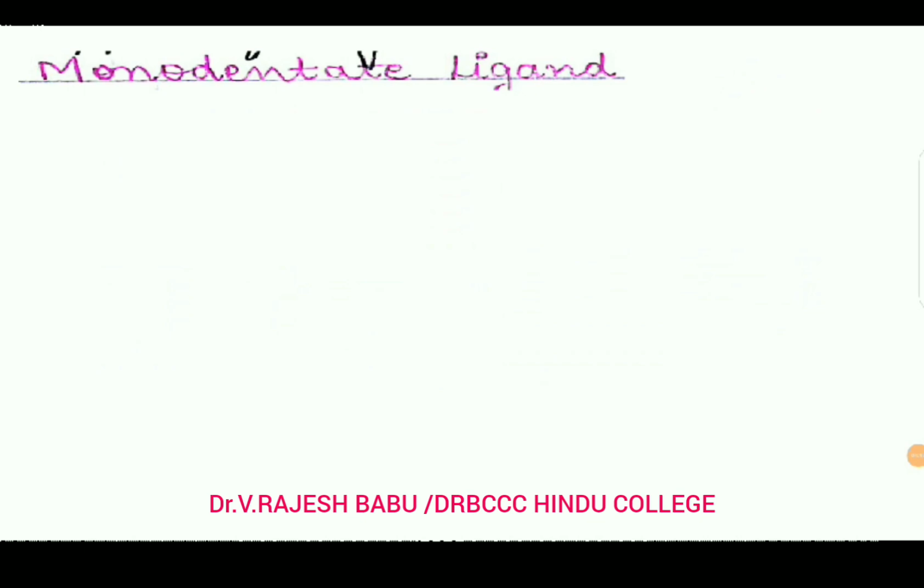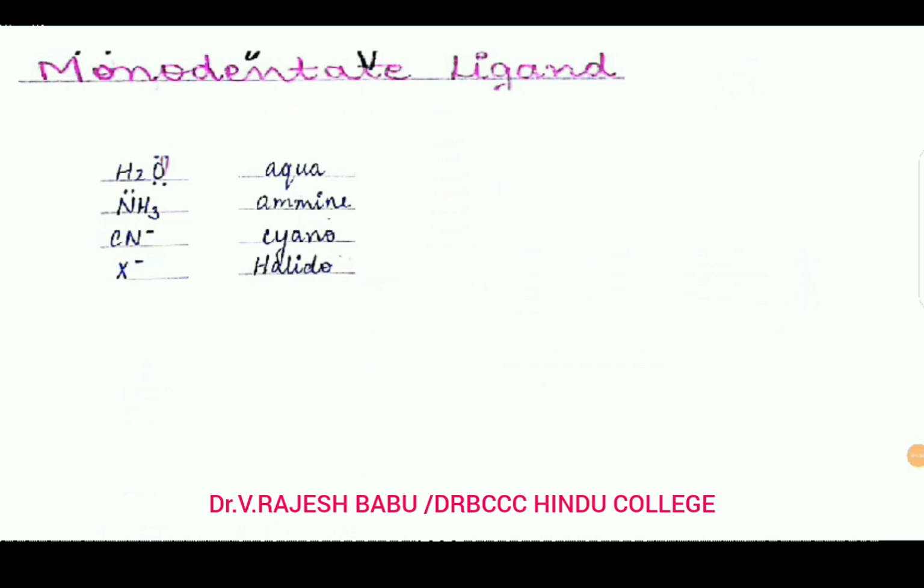So next we have to discuss the types of ligand. The first one is the monodentate ligand. It consists of only one donor atom. For example, H2O, aqua, acts as a ligand. Second, amine acts as a monodentate ligand. Cyanide also acts as a monodentate ligand.